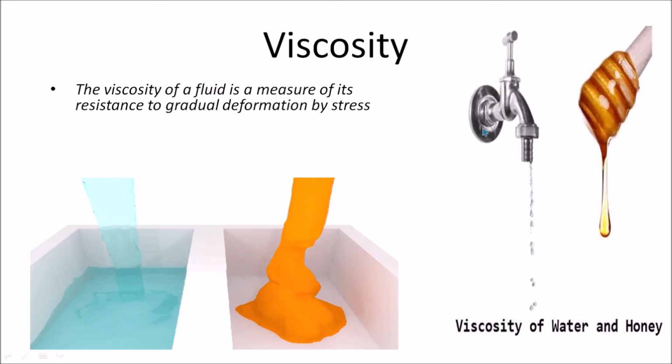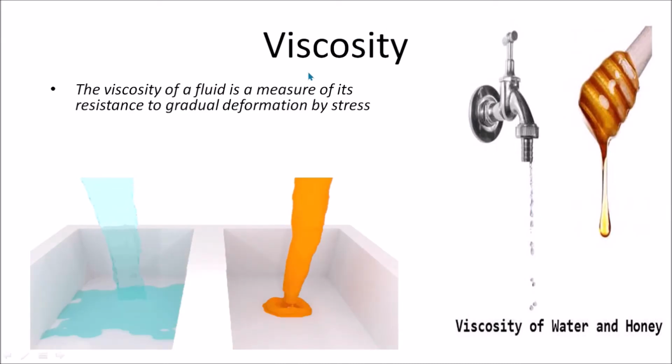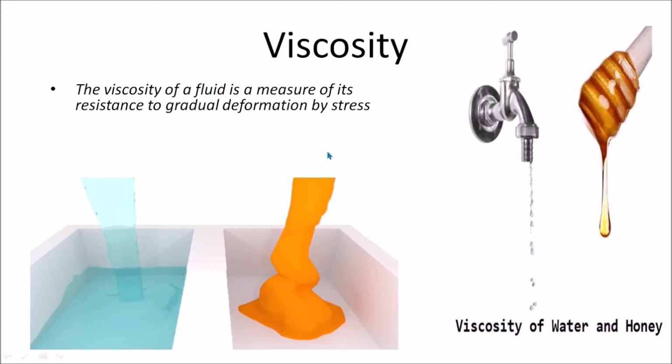Viscosity is going to decide the shape of a volcano. If you have high viscosity, it will look something like this one on the right, like honey. It will be very hard for the fluid to lose its shape. And if it's very low in viscosity, it will move more like water and it will be very fast and easy to lose its shape.